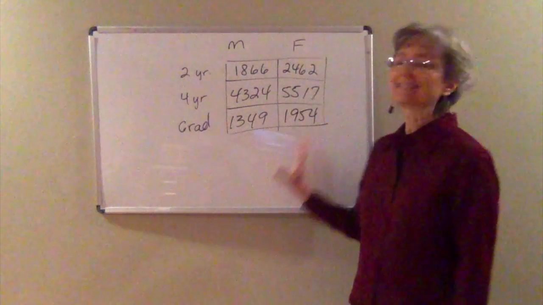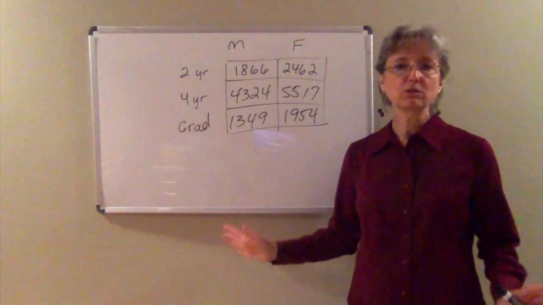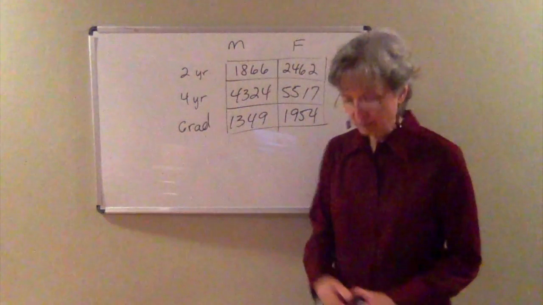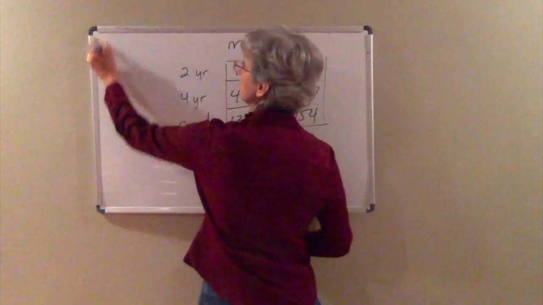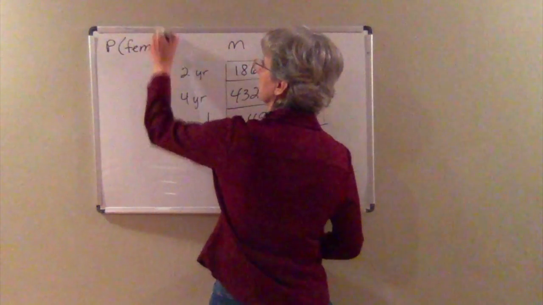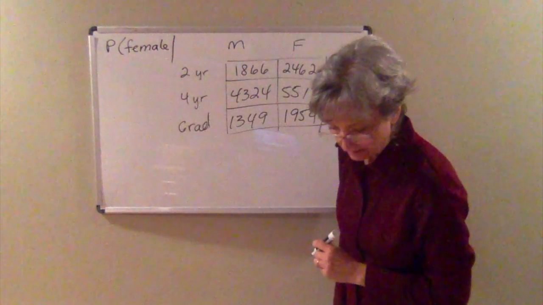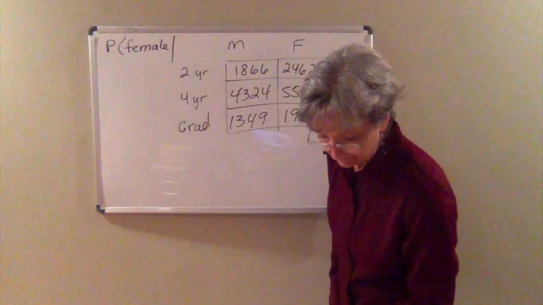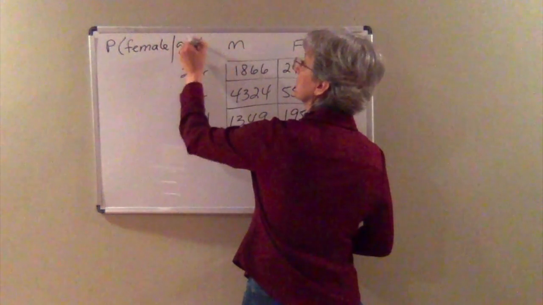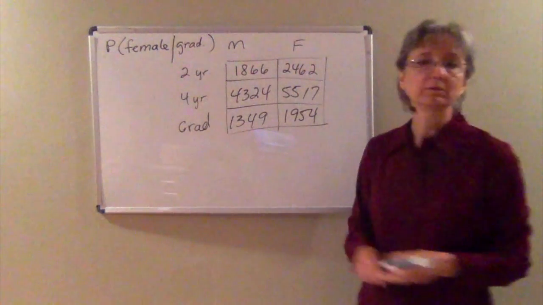Okay, so let's say you pick a student at random. What is the probability that the student is female given that they're in graduate school?